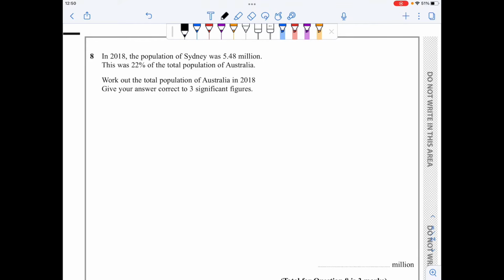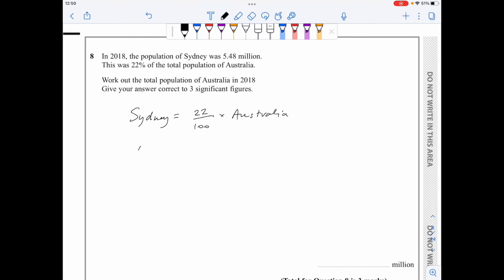In question 8, I'm given that Sydney is equal to 22% of Australia, and I'm given that Sydney is 5.48 million.